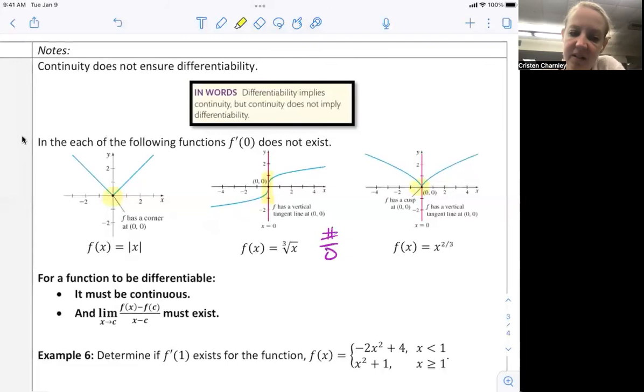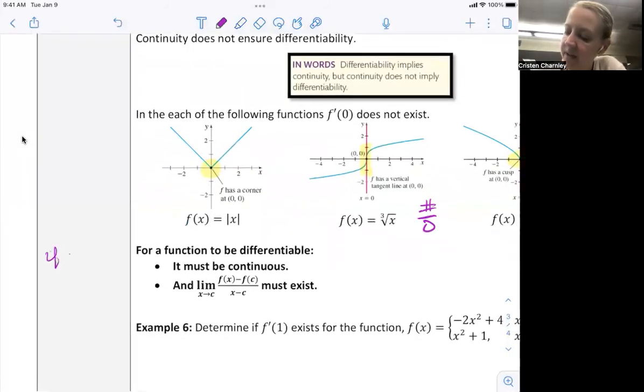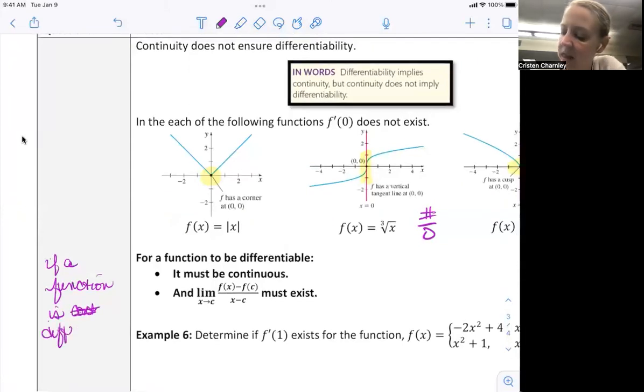So for a function to be differentiable, it must be continuous, and the limit as x approaches c must also exist. Now, here's a note. If a function is differentiable, then it is continuous.